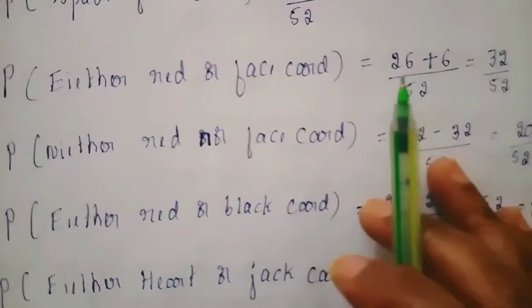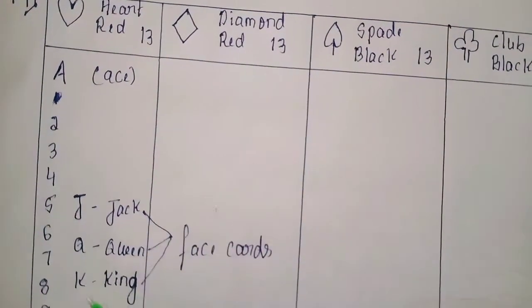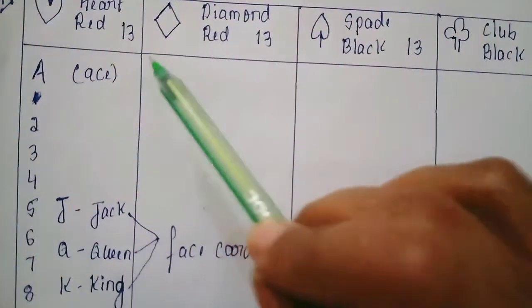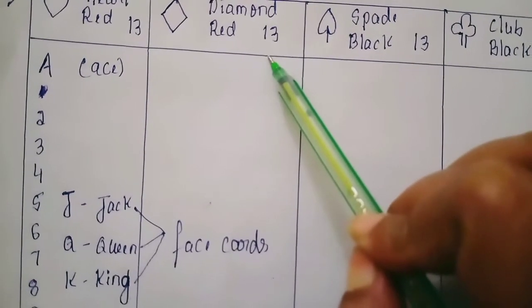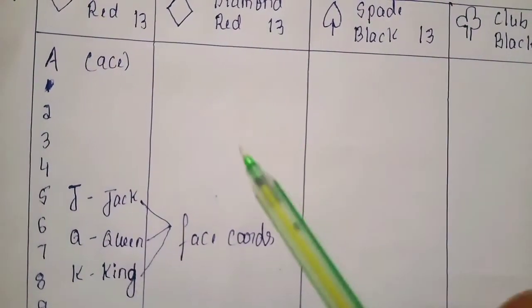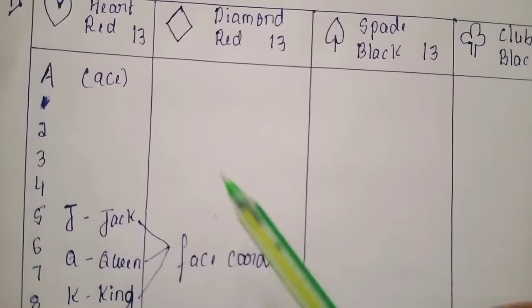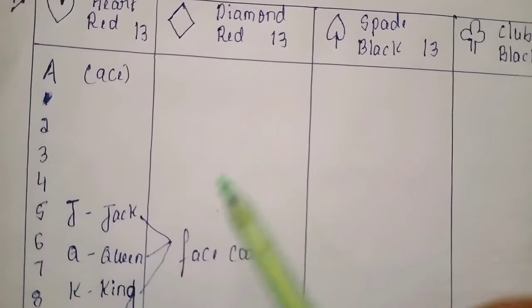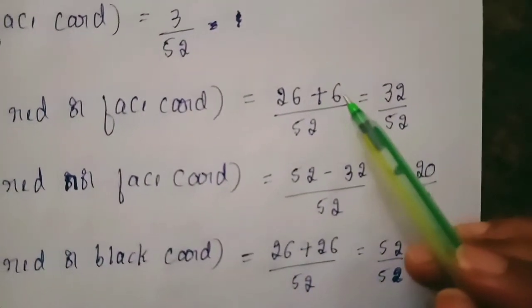Now just look at red. How many red cards you have? 13 plus 13, that is 26. And he has given OR face card. What OR face card means? I have to add red and also face card. Red cards is 26 and face cards are 12. But here I am adding only 6.